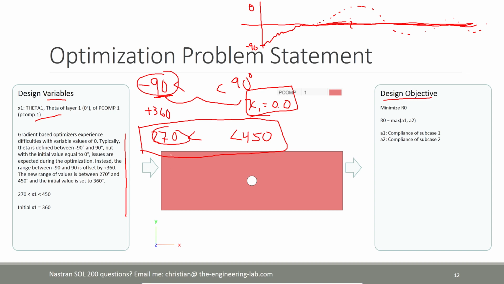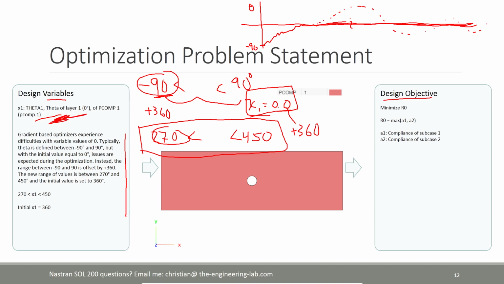So this is perfectly okay. Instead of working with an initial value of 0, after we offset it, we are dealing with an initial value of 360. For the objective, this is what we want to do. We want to make this structure as stiff as possible, and the only thing we have to modify is the theta of ply 1.